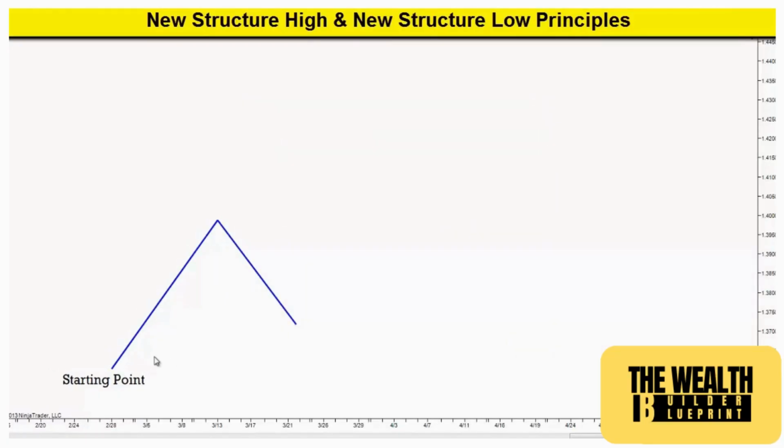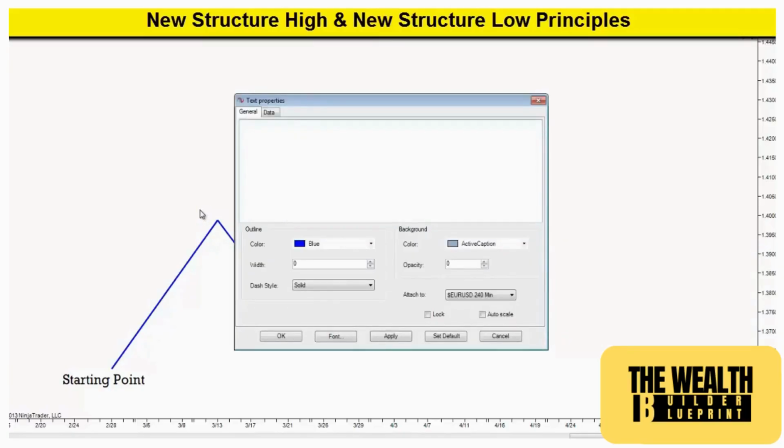You really don't want to concern yourself right now with, well, do I start on a 4-hour chart or an hourly chart? But if I scroll back 2 years, there's a lower low here. Wherever you first come into the market, for right now, use that as your starting point. It's going to be the easiest to identify. Now, that first initial move up, this is going to be your initial structure high.